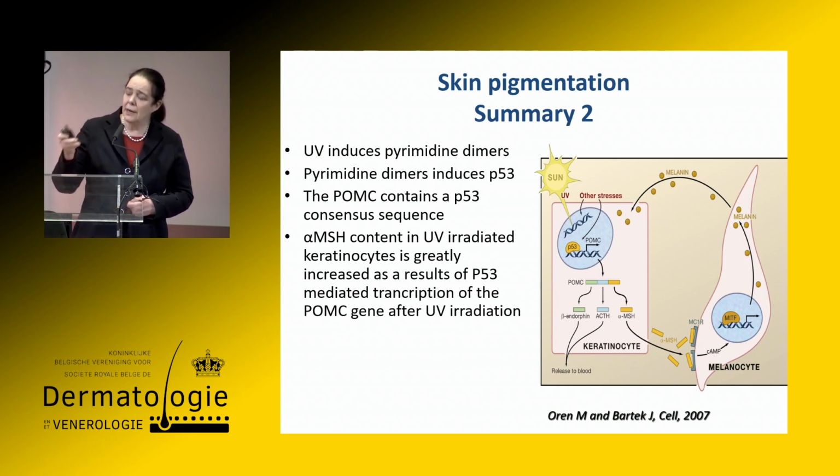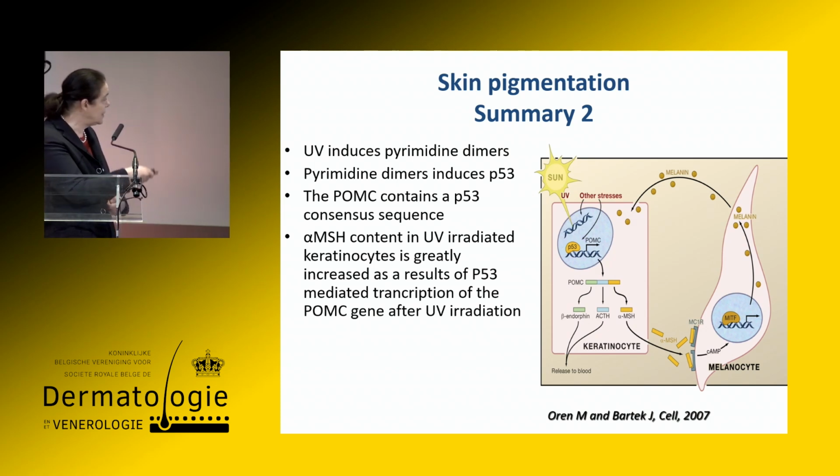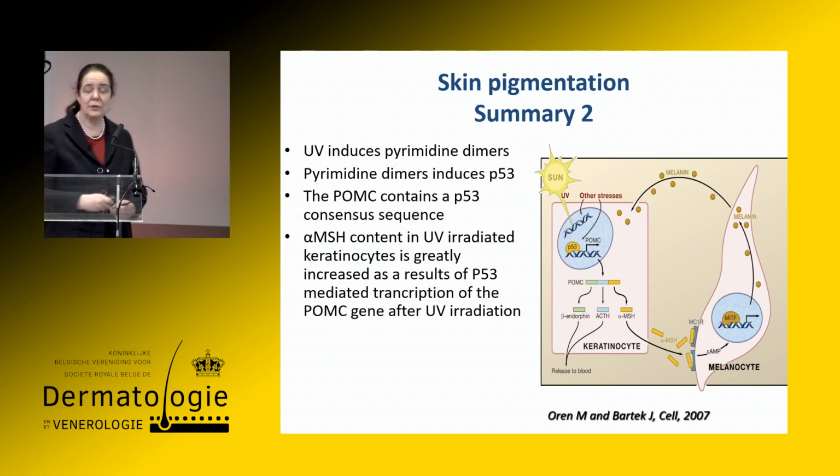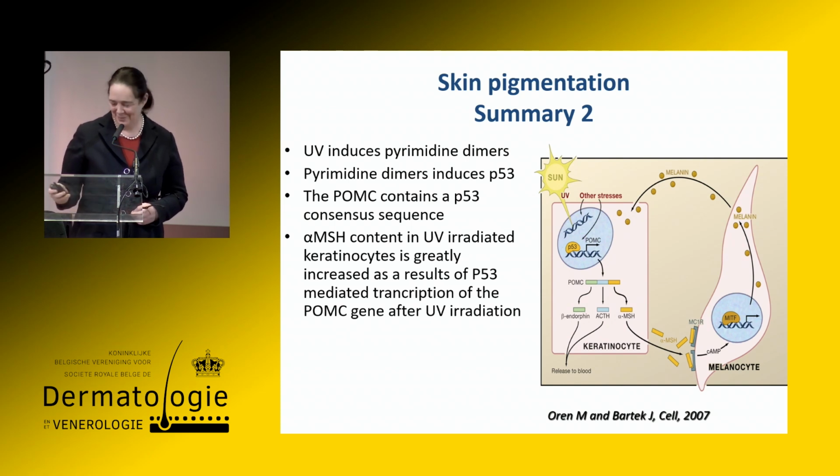And finally, MSH, and this is summarized here. MSH will stimulate pigmentation through the MC1R receptors and induce the formation of melanosomes, and melanosomes will be transmitted to the keratinocytes. So a whole story of your pigmentation when you are on holiday. Okay, thank you for your attention.